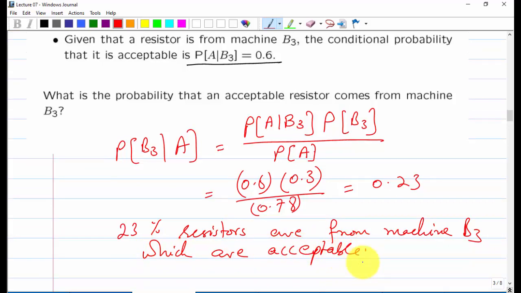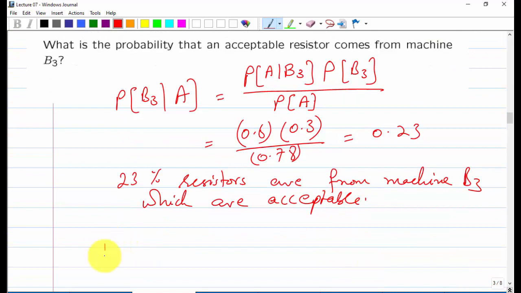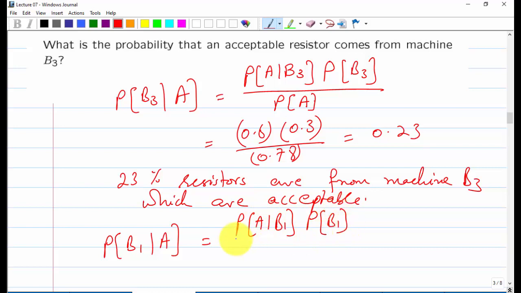Similarly, we can find the other probabilities. The probability that it comes from B1 given A is simple: probability of A given B1 times probability of B1, divided by probability of A. Again we have all this information, and by putting in those values we get 0.31.